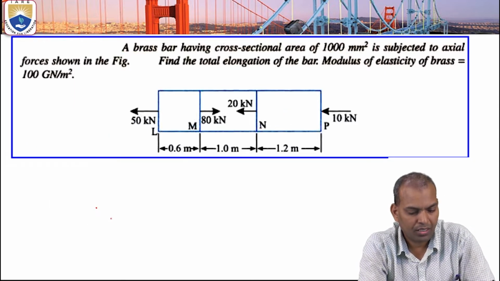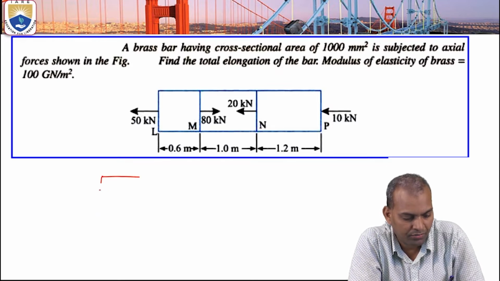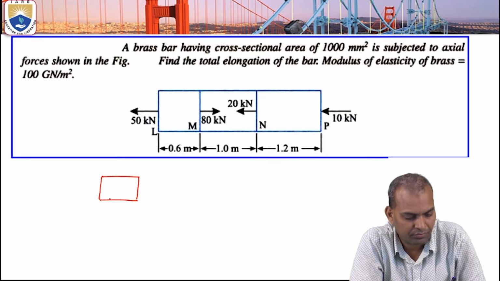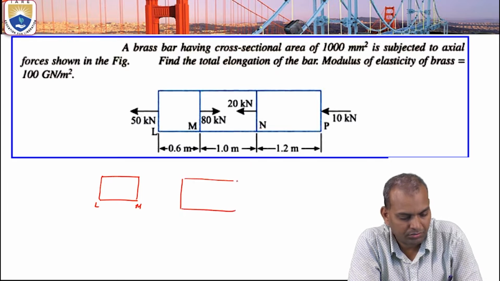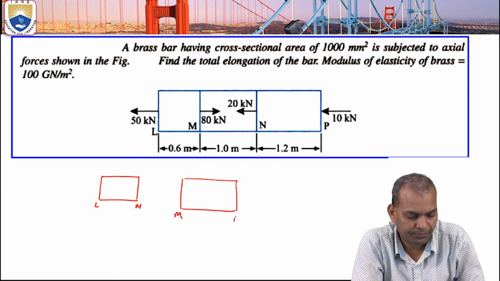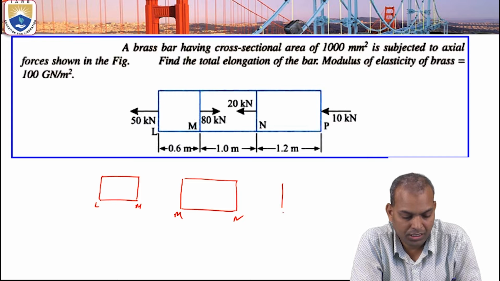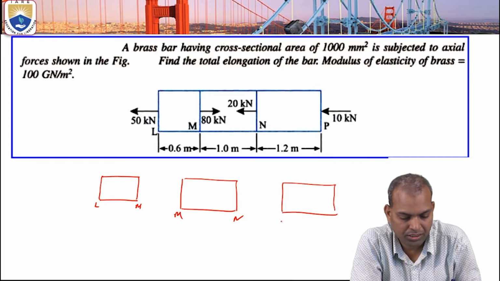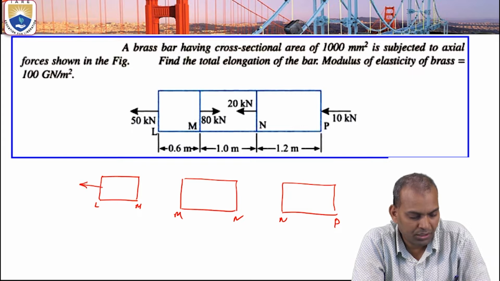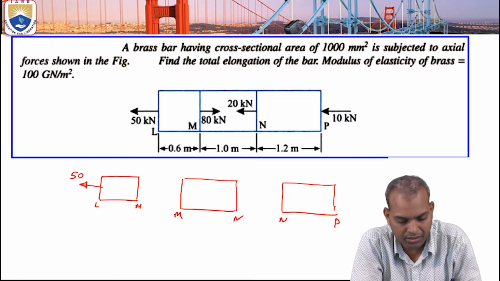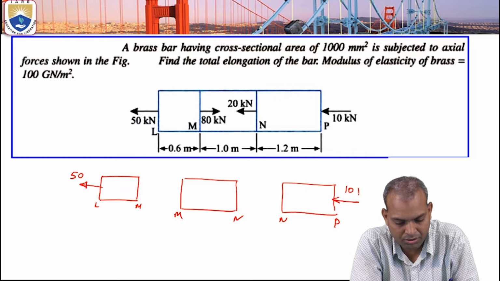So the sections are here. This is LM. Another section is MN, and the other section is NP. We don't know the direction of the force here. Here 50 kilonewtons is acting and here 10 kilonewtons.